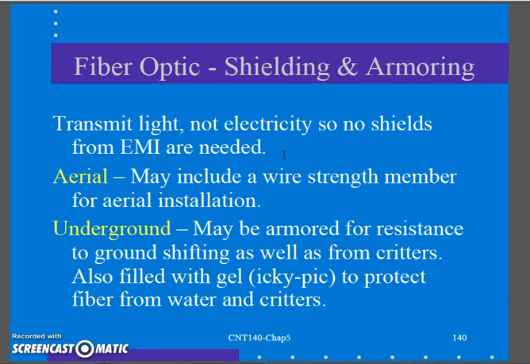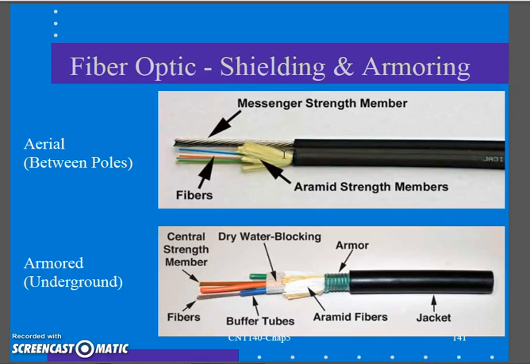A couple other things with cabling. We mentioned this before. There is different types of fiber optic cable out there, especially for outside installation. They do make aerial and they make underground. We mentioned this before. Aerial actually has that steel cable in. This anchors to the telephone pole, and the fibers themselves kind of go along for the ride.